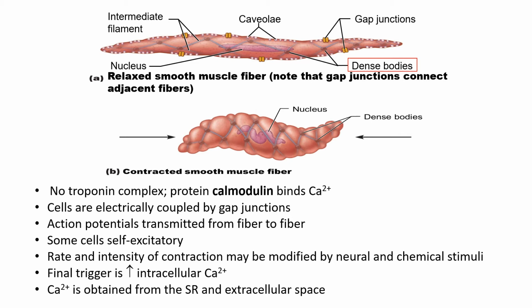The rate and intensity of contraction may be modified by both neural and chemical stimuli. But as with skeletal muscle, the final trigger is an increase in intracellular calcium. This calcium is obtained from the sarcoplasmic reticulum as well as the extracellular space.